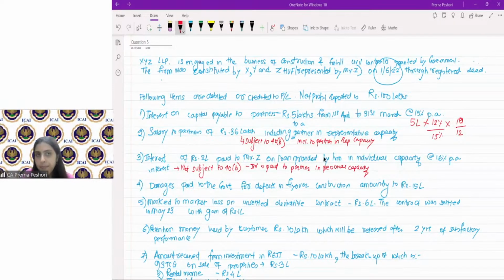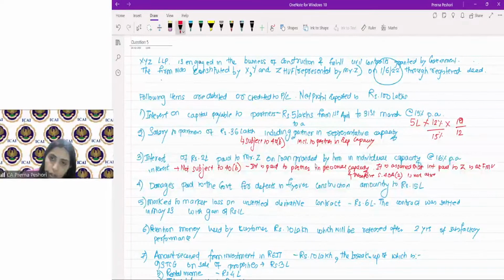Are we clear? But what we will assume here is, you will have to write a note. It is assumed that interest paid to Z is at fair market value, and therefore section 40A subsection 2, which is payment to a related party, is not attracted.